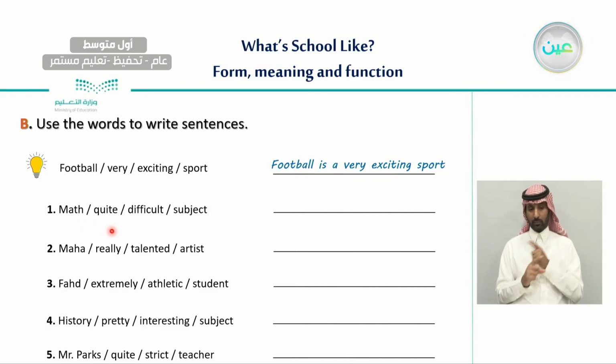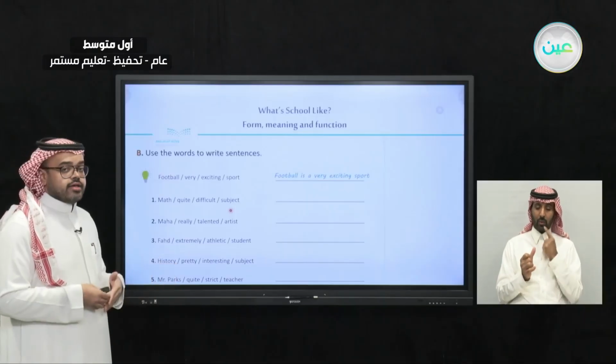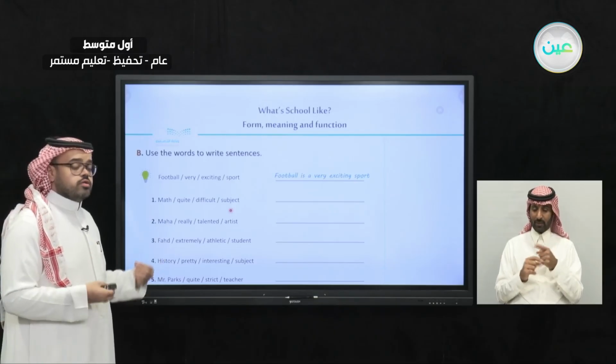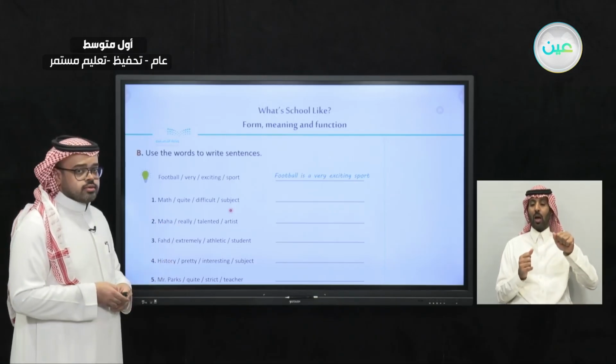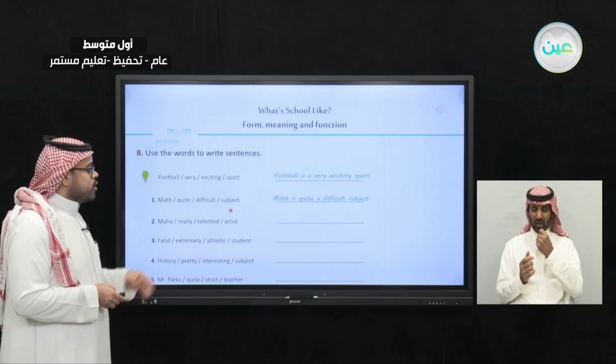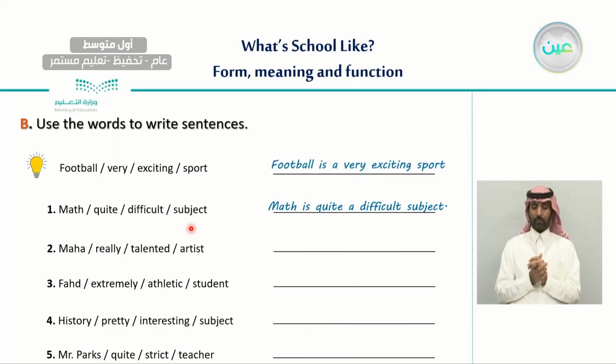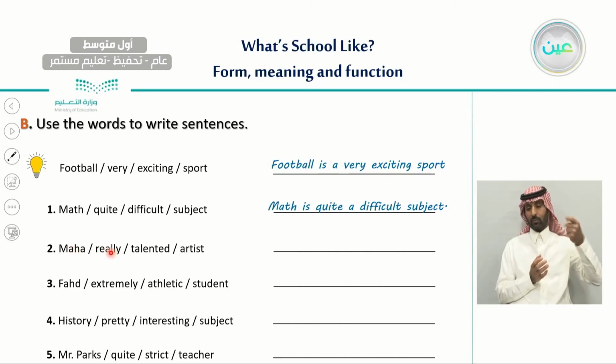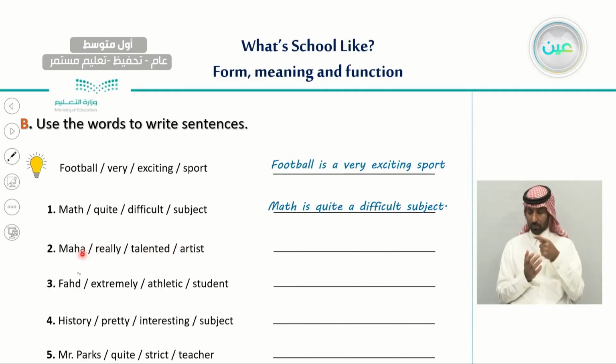Math, quite, difficult subject. So here we want to describe math as a difficult subject using the intensifier quite. So the sentence will be, math is quite a difficult subject. Now number 2. Maha, really, talented artist. Now we want to describe Maha as a talented artist using the intensifier really.